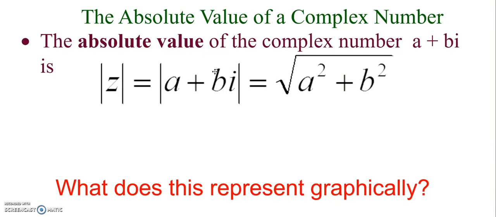Next thing, absolute value of a complex number. So that may seem like kind of a strange thing, but no, we can find the absolute value of a complex number. Think about what absolute value means of a regular number. A lot of times we say, well, it's just always positive, right? But what does it actually mean? Well, remember that absolute value comes from the idea of the distance from zero on the number line.